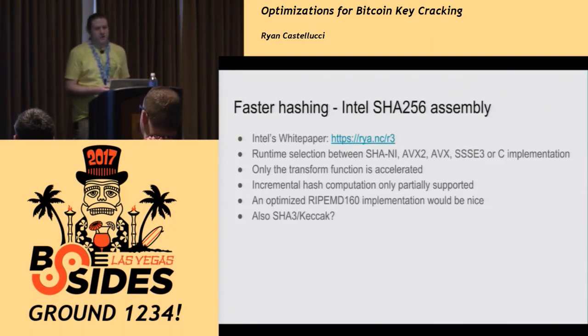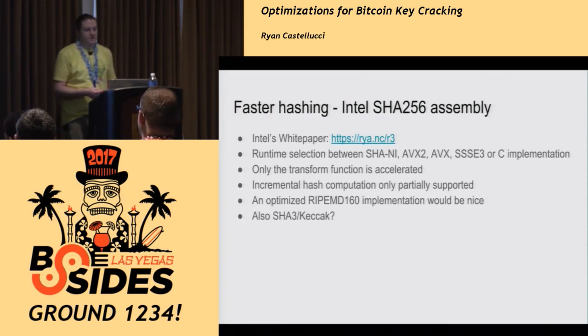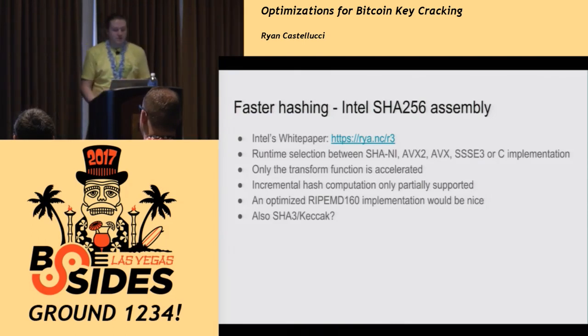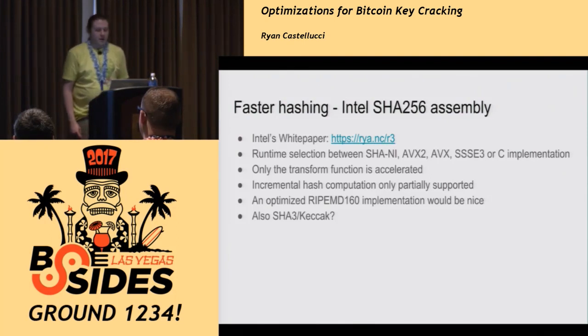There's actual SHA-256 instructions on some of the newer processors, and then there's the AVX2, AVX, and SSSE3 instruction sets, which are also faster, and there's fallback to C implementation. Only the transform function is implemented, and you can't incrementally fill in the hash because none of the stuff that Brainflare does needed to do that. I would love to find optimized versions of RIPE-MD160 and SHA-3 Keccak, but I have not yet.